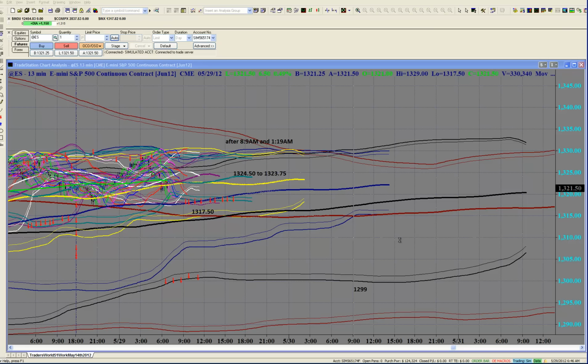Pre-market. What you're seeing on the screen right now is a picture of the E-mini 13-minute chart with a high-definition risk map overlaid on top of that. Basically, this map is showing the zero momentum balance points for each time horizon as it projects forward into the future.